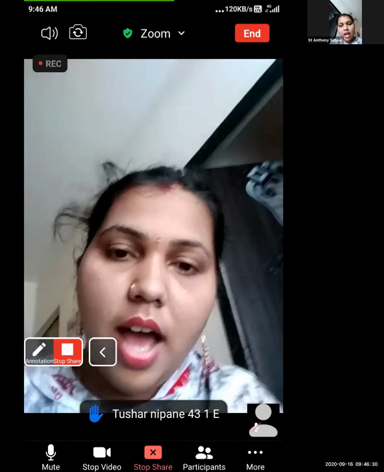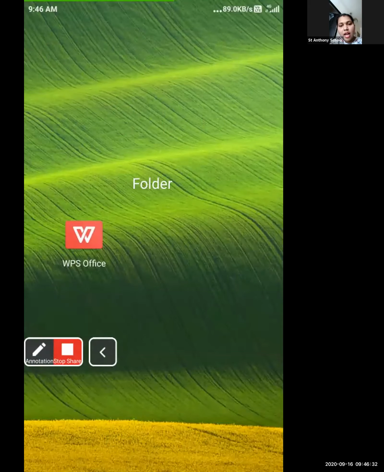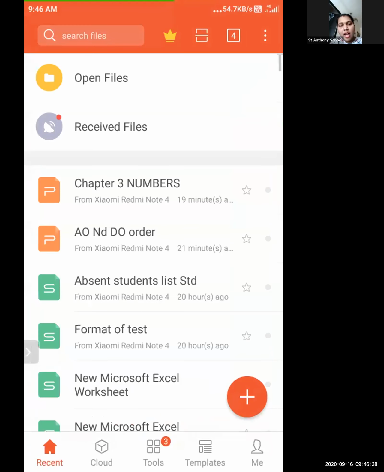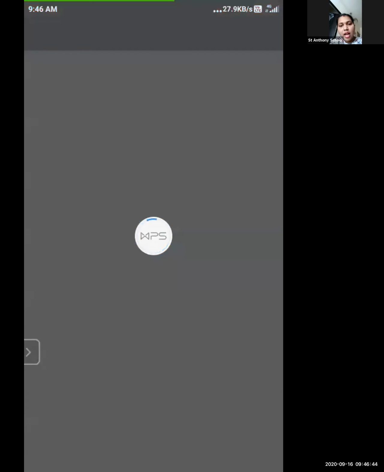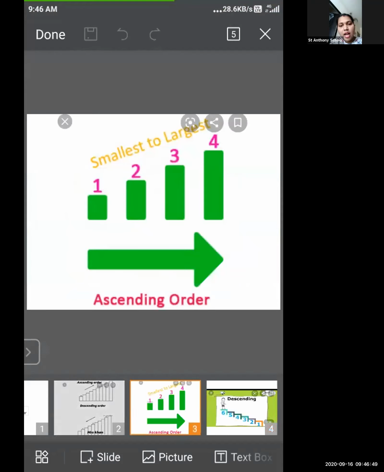This is our last topic of chapter number 3, that is the ascending and descending order. Okay, so all of you read the spelling of ascending and descending order.